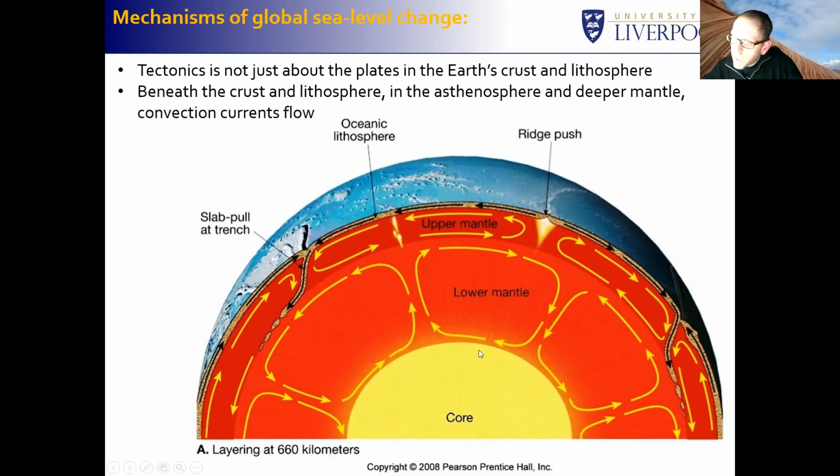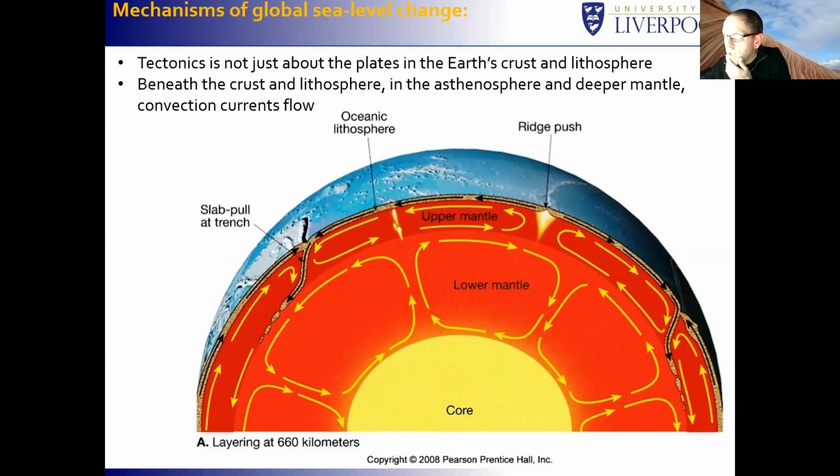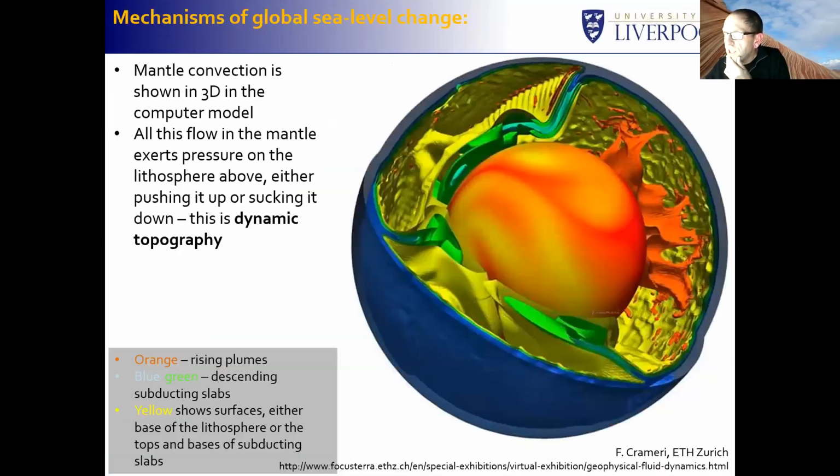There seems to be a distinction between convection in the lower mantle and the upper mantle. They seem to operate as different systems, with different viscosities, structures, and probably compositions, but basically convecting.